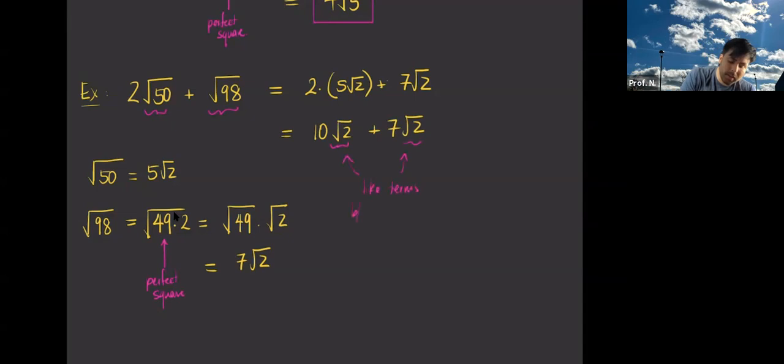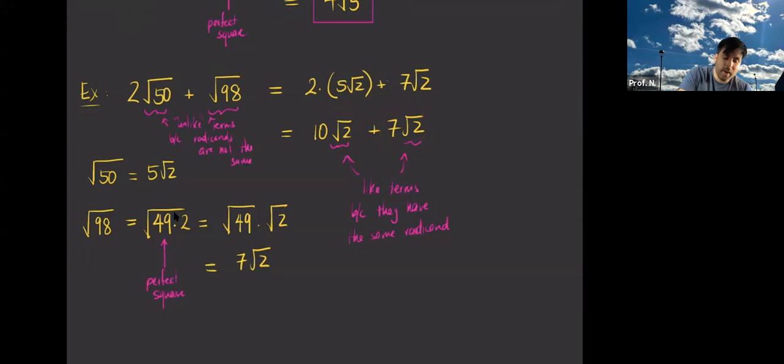They are like terms because they have the same radicand. You would say these are unlike terms if the radicands are not the same. So now I'm saying 10 rad 2s plus 7 rad 2s.